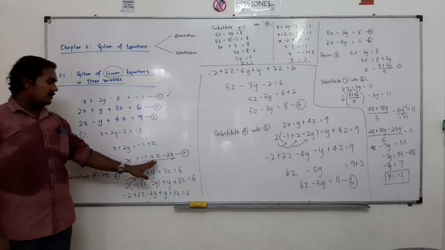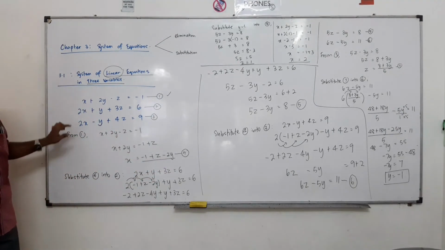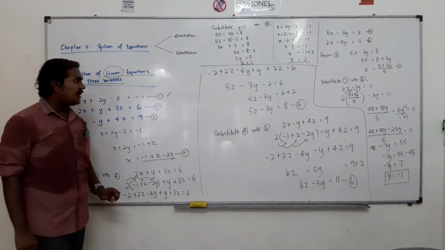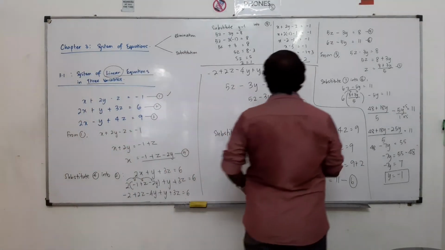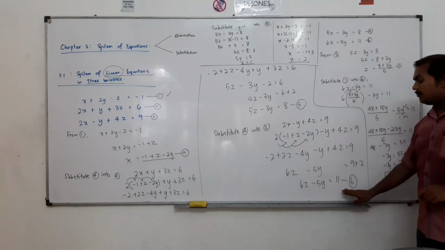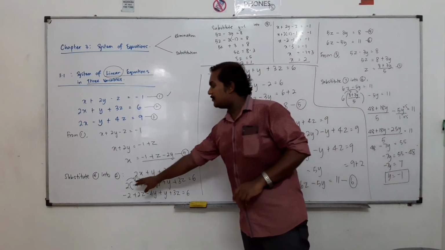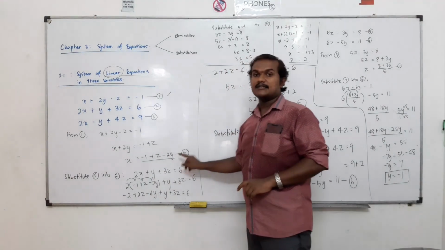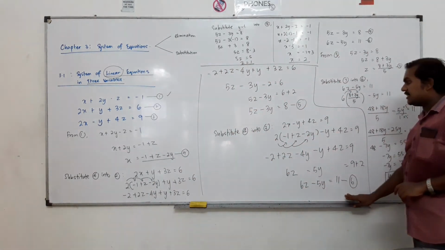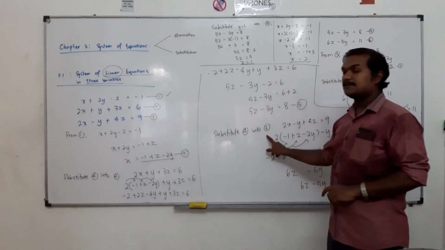After substituting equation 4 into equations 2 and 3, I will be simplifying and getting two new equations, equation 5 and equation 6. I am getting equation 5 from equation 2 after substituting the x here. I am getting equation 6 from equation 3 after substituting the x here.